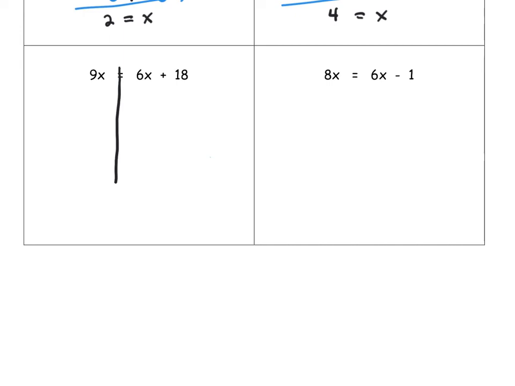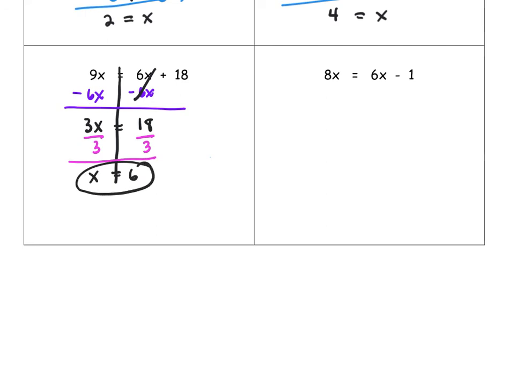So I'm going to take away or eliminate this group of x's. And what's going to happen is on this side, I'm going to have 3x after I take away 6 of them. I've eliminated this, and I have positive 18. I only have one more solving step now. So I'm going to divide by 3 on both sides, and the answer is x equals 6, which is what we just had a few minutes ago, but it was quite a bit more complicated.